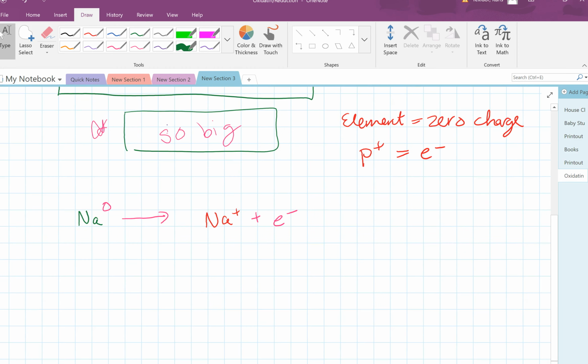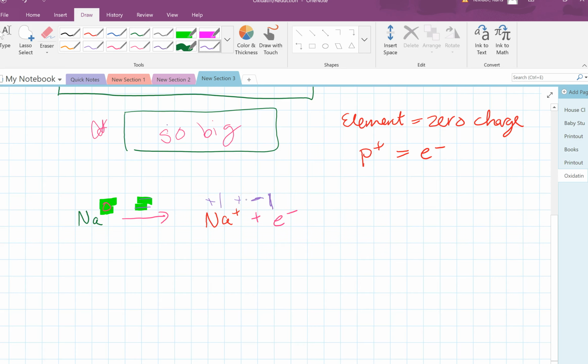Okay. And the key for them is that the charges have to balance out. So I have a 0 charge on this side, so 0 equals +1 plus, this is a -1 because it's 1 electron, so that equals 0, so it's balanced.